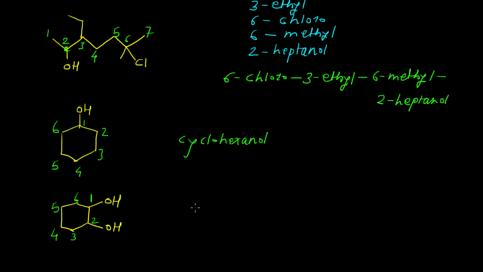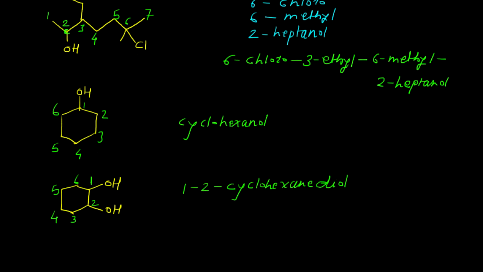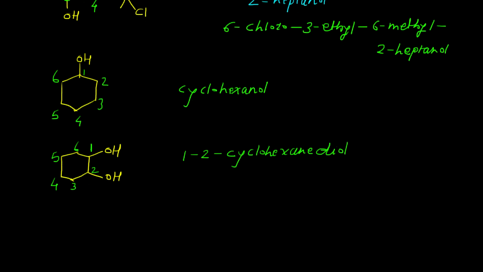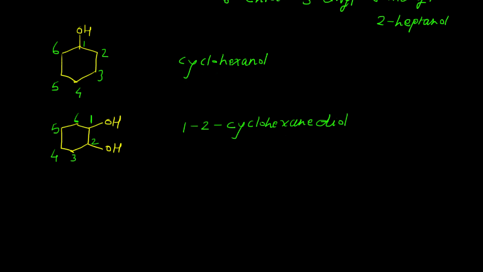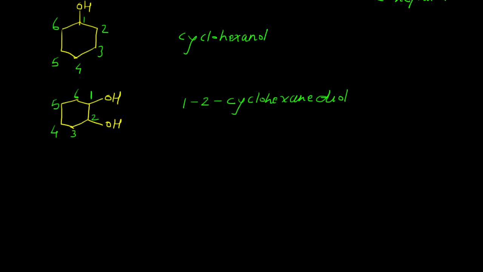While writing the IUPAC name, here two OH groups are present. So we must write 1,2-cyclohexanediol.